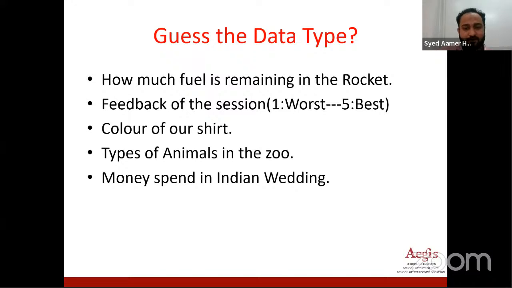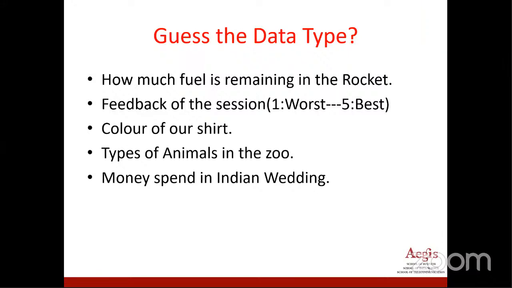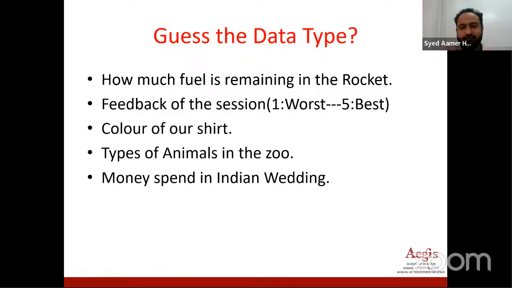Now I just have something for guessing. How much fuel is remaining in the rocket? It has to be what? Continuous, right? Come on, guys, I am expecting answers from the participants. How much fuel is remaining in the rocket? Continuous numeric. Yeah, good. Feedback of the session?